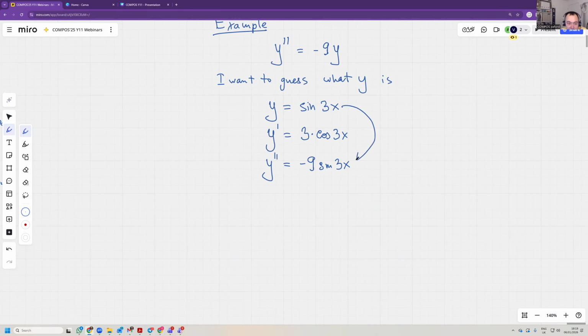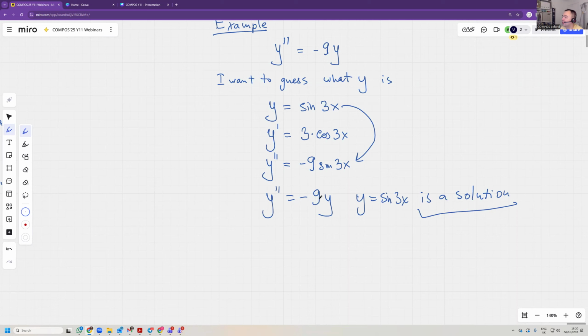If we use that, then we can say that y double dash is minus 9y. So y equals sine 3x is a solution, because I substituted it in and I verified that y double dash is minus 9 times y.